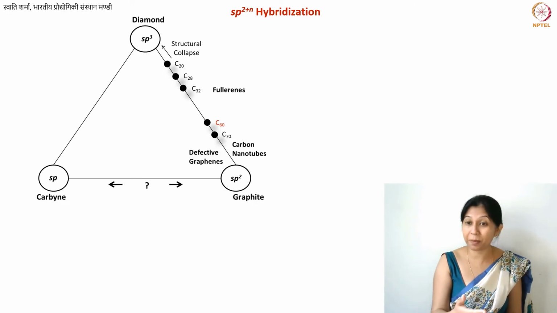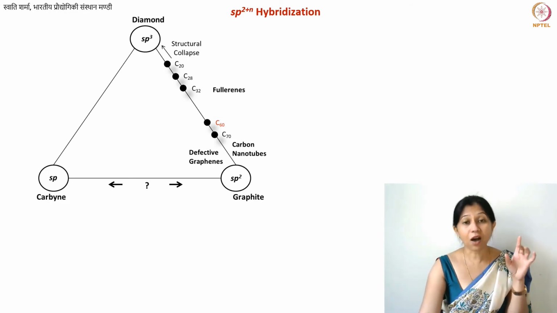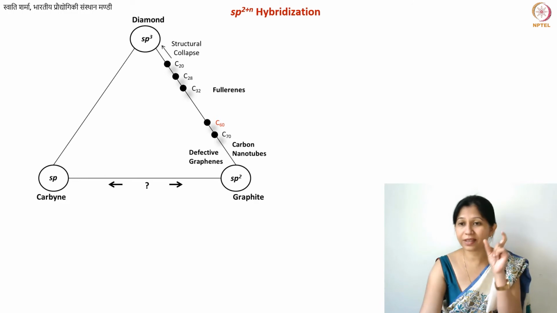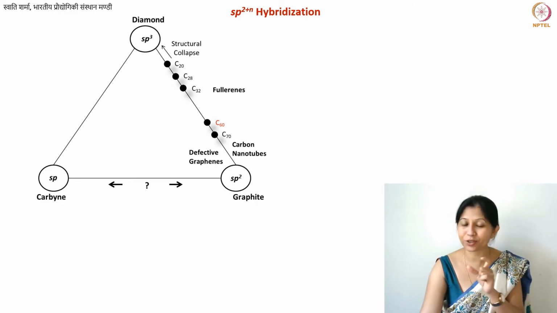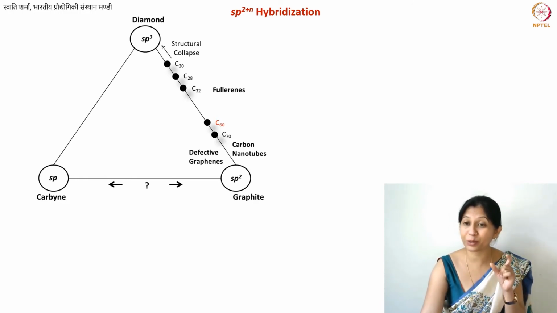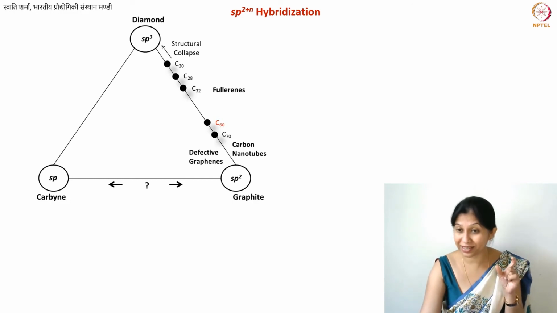Well, sp type carbide, sp2 graphite, and sp3 diamond. And we know the geometries of each one of them. Now, between diamond and graphite, that is where you have all of these fullerene-like structures. So these are all the structures with sp2+n type hybridization.